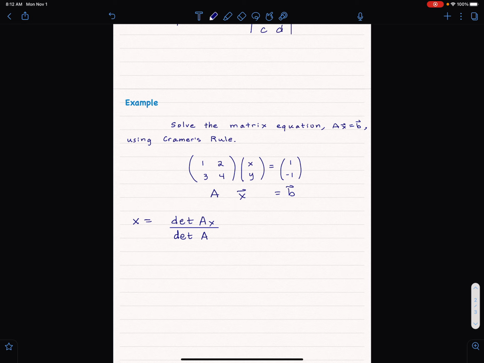Let me first do the denominator, the determinant of A, where I have 1, 2, 3, 4. So that's A. And now I'm going to copy down A, except in the first column, I'm going to put in 1, -1, which is B.